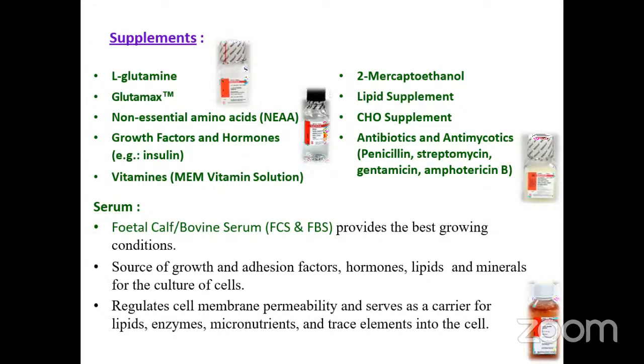Serum is mainly from two sources: fetal calf serum or fetal bovine serum, which is for best growth conditions. And they are a source of growth and adhesion factors, hormones, lipids, minerals. They regulate cell membrane permeability and serve as a carrier for lipids, enzymes, micronutrients, and trace elements.